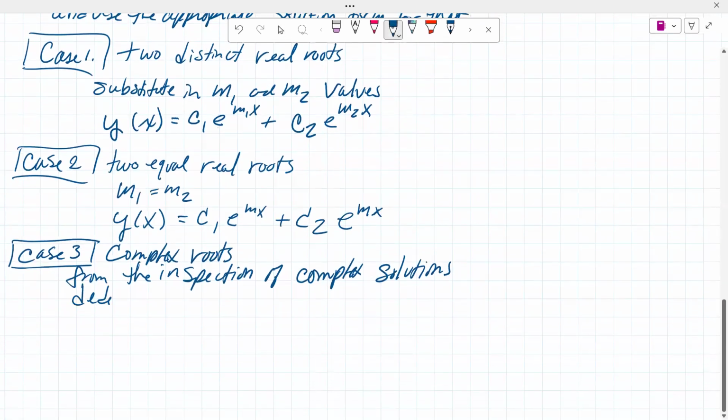Deduce A1, the real part, and B1, the coefficient of the imaginary part.